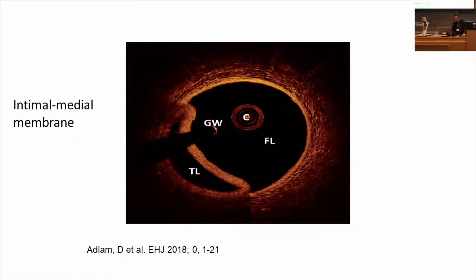So this is the OCT, and this is the imaging catheter sitting here. There's a guide wire here, and the guide wire gives you an artifact. So this is not a break, but just an artifact from the guide wire. This catheter actually is sitting in the false lumen, and this is where the tear happened.